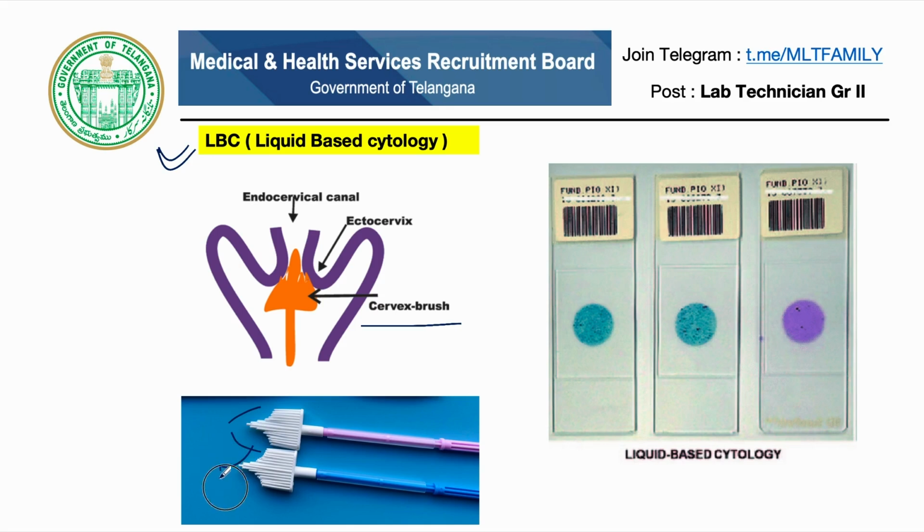Here also we put it into the vaginal canal or cervical canal and collect the cervical sample with the help of the cervix brush. It is rotated inside 5 to 10 times to collect a certain quantity of sample.